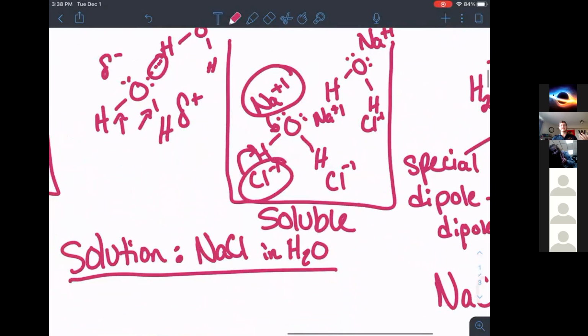So we're creating that dipole, which means it's separating the charge just a little bit. The sodium and the chlorine are going to break apart, because they want to be near the other positive and negative charges, and they're not held together very strongly.